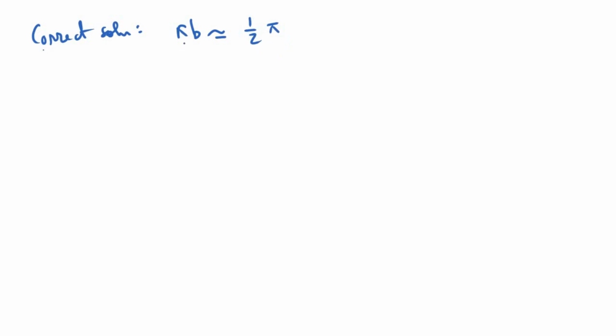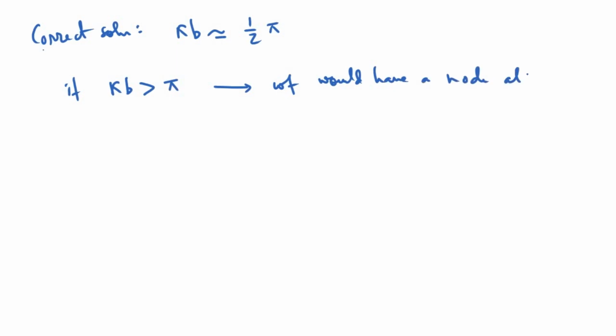Because if this chi into b is greater than pi, then the wave function would have a node at chi b equal to pi, and this would not be the wave function of the ground state.